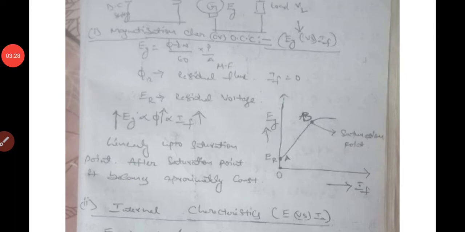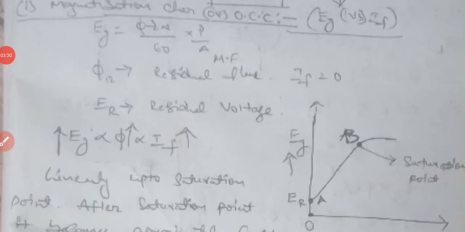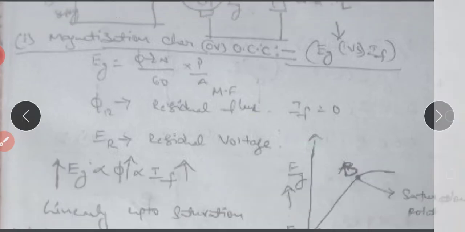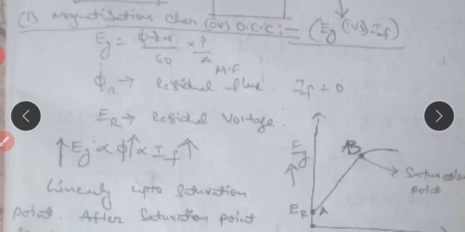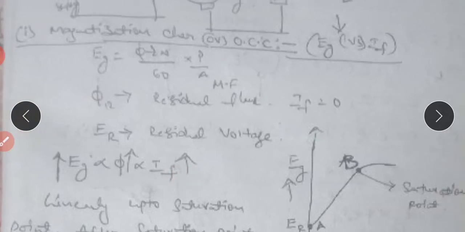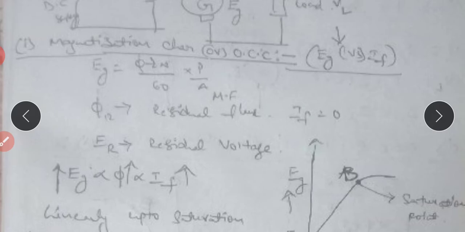We know the generated EMF equation: Eg equals phi Z N by 60 into P by A. Here phi is magnetic flux. This magnetic flux value depends on field current; the magnetic flux is directly proportional to the field current. Generally, at field current equal to 0, the electromagnets still have some small amount of magnetic flux.